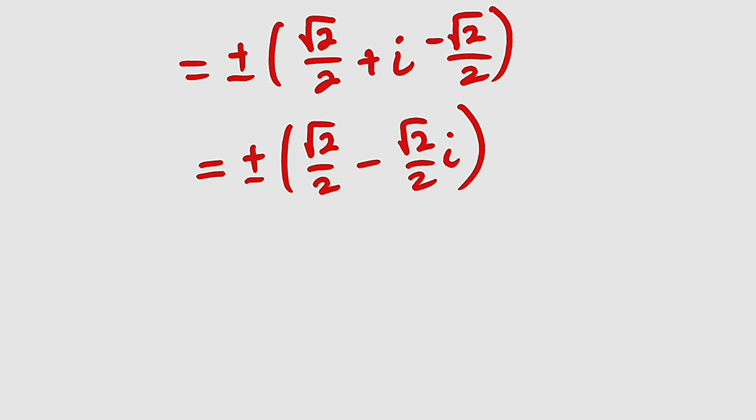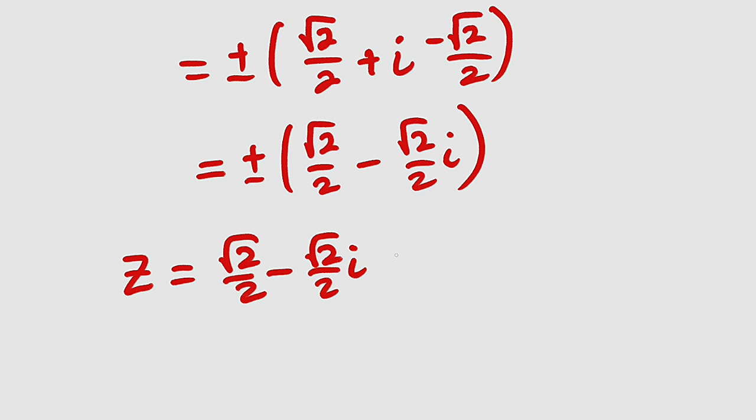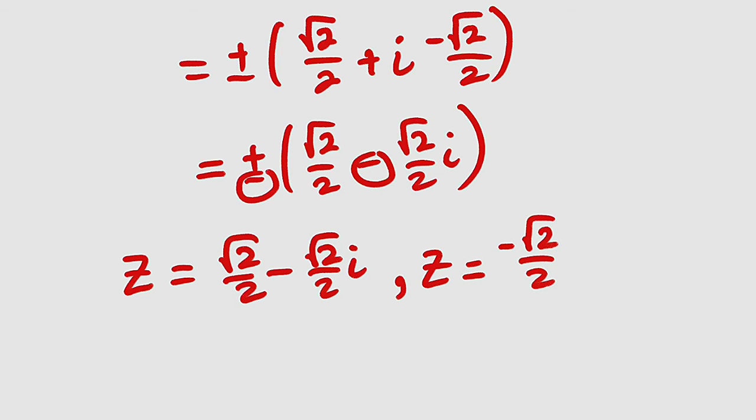But if you like, you can break it apart because we have plus or minus. So we can say that z is either equal to root 2 divided by 2 minus root 2 divided by 2 i, or z equal to, if I use minus, I have a minus root 2 divided by 2. The minus will affect this one, it becomes positive root 2 divided by 2 i.